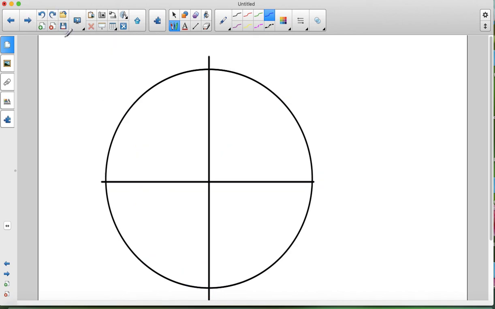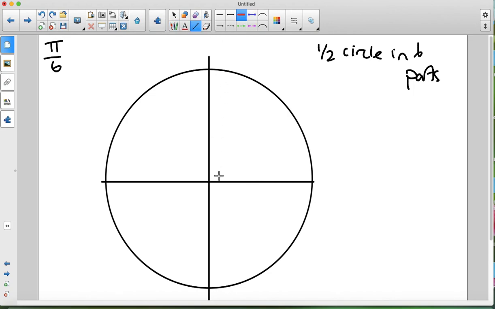Then, let's do the pi over 6. So of course, with pi over 6, you're going to divide your half circle into 6 parts. So by dividing your half circle into 6 parts, you end up having something that looks like this. Well, you've got the 30 degrees, then you've got the 60 degrees, and then you've got the 60 degrees here, and then 30 degrees there.